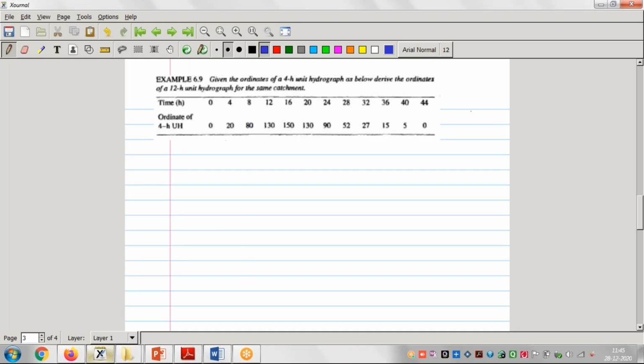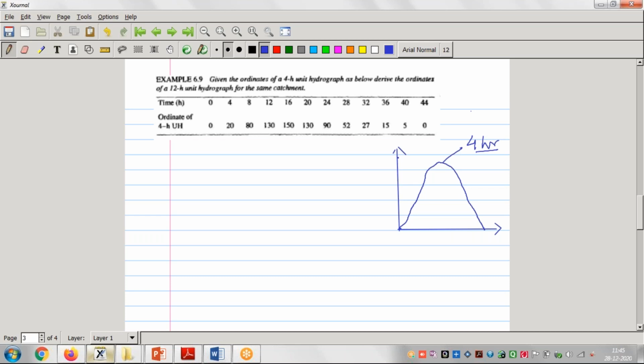See, based on these ordinates, if we draw the graph on the x and y axes, this is the x axis, this is the y axis. Definitely the graph will look something like this, and this is 4 hours.